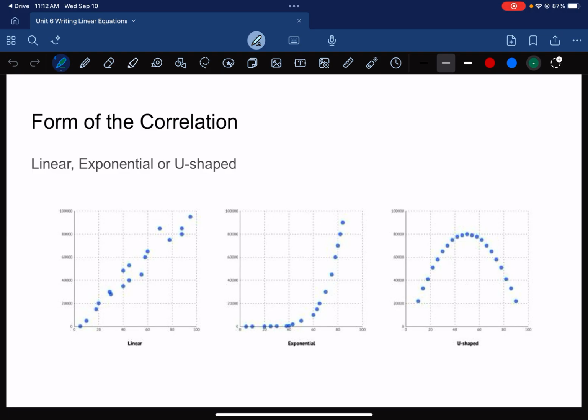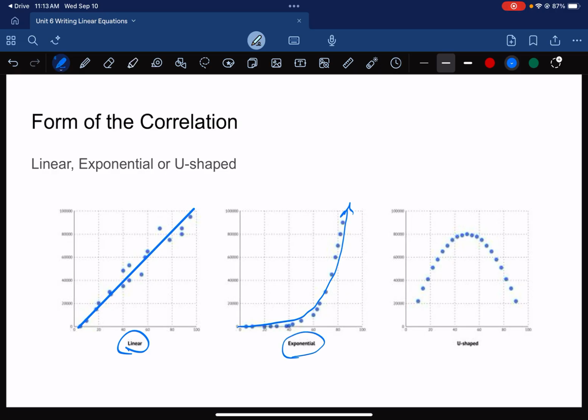All right. So correlations have one of three different forms that we're going to study. They're either linear. Notice the dots, a scatter plot that's been graphed here. Those dots roughly follow a straight line. So we would say that this particular graph has a linear correlation. An exponential would follow a curve like this, going off into space, right?